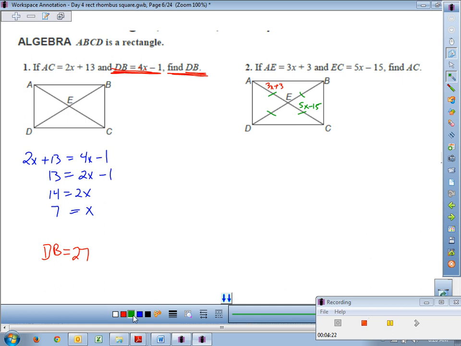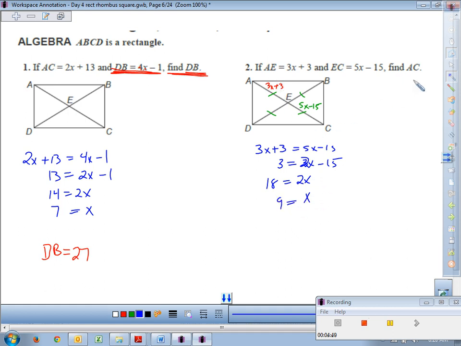And we can just set those 2 equal to each other. So 3x plus 3 equals 5x minus 15. That's what the tick marks mean. So subtract 3x and get 2x. And then add 15 to both sides, get 18, and then divide by 2.